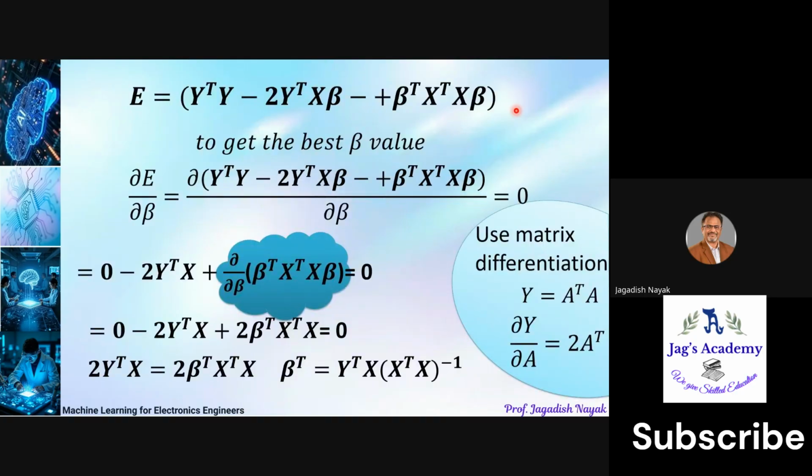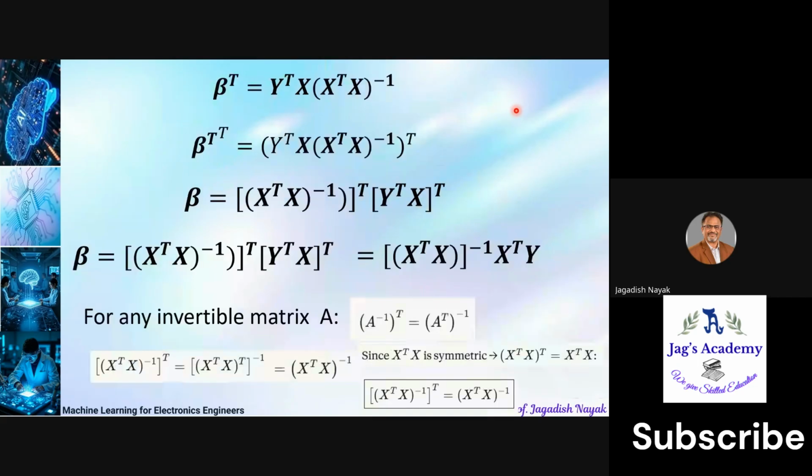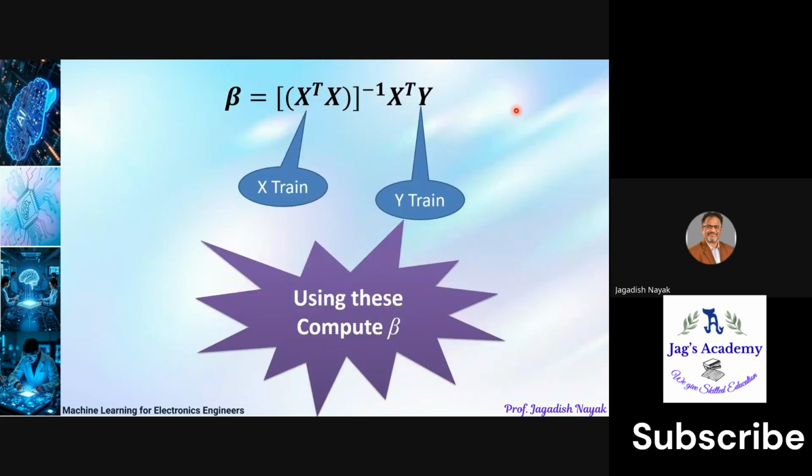This derivation we have done in our last class. So we ultimately got beta equal to x transpose x whole inverse, x transpose y. And what are this x and y? These are the x train and y train values to get the value of beta, right?